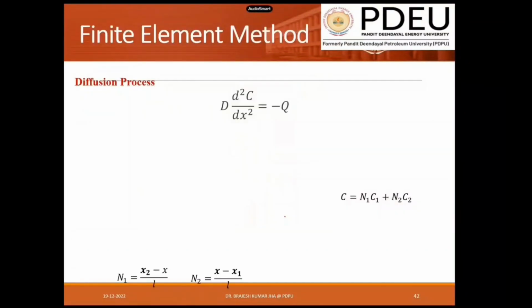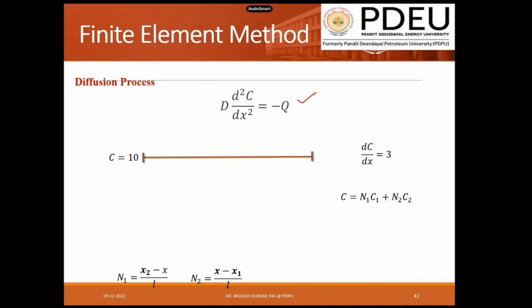Okay. Now, one problem that I will try to solve with the help of the finite element method. Suppose we are taking the diffusion process in the form of a steady state approach only. This is the solution region in the one-dimensional case, and we discretize this length.